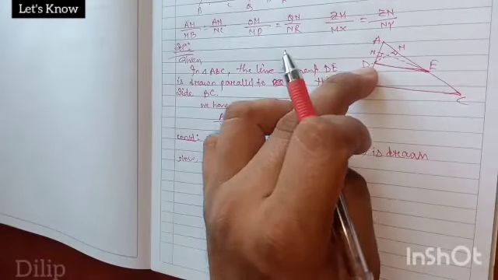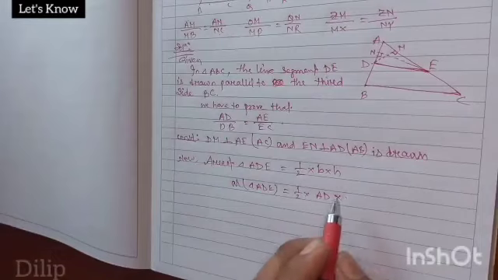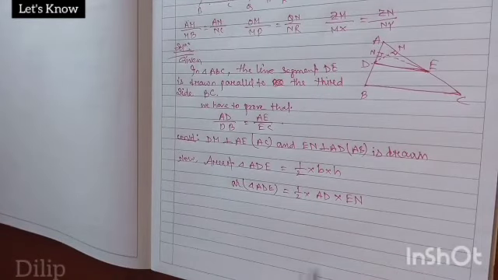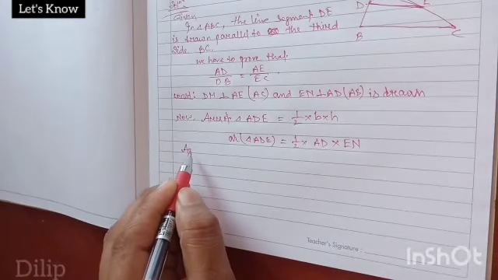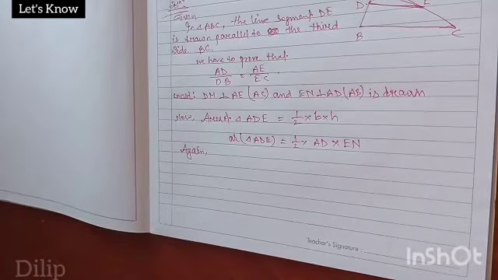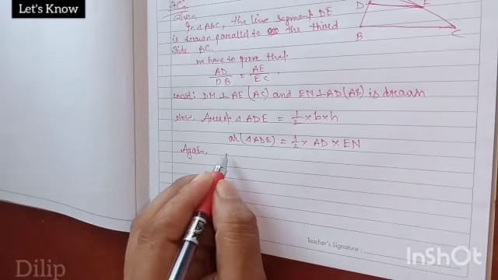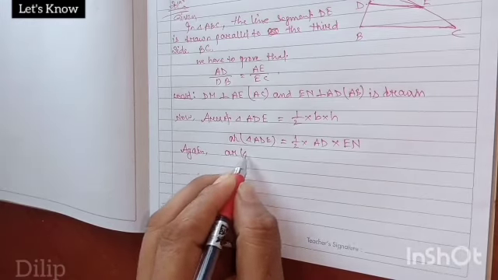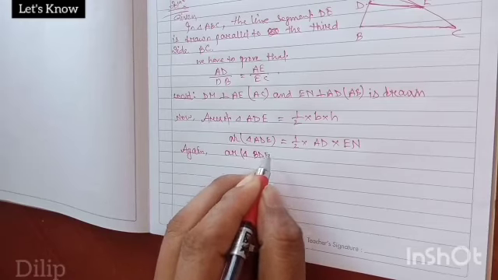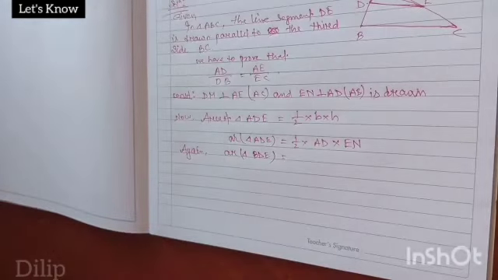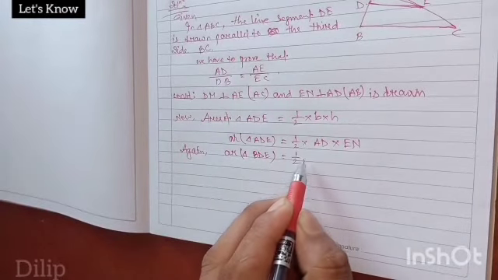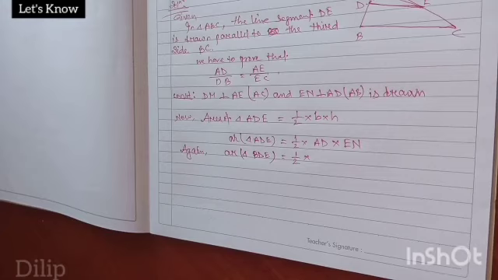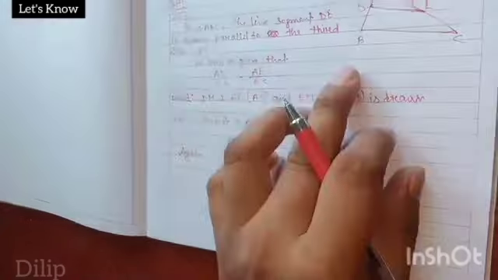AD will be the base and EN will be the height. EN. Understood? Again, the area of triangle BDE is equal to, here also, half into base into height. For triangle BDE, see the triangle properly.